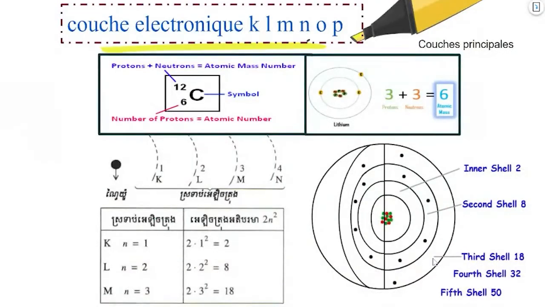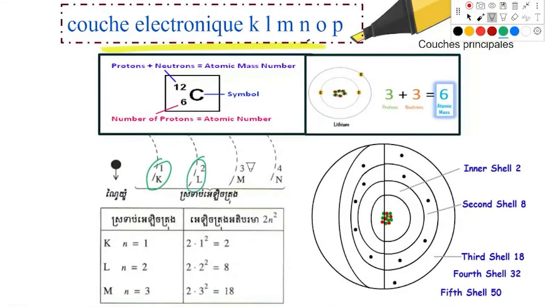Okay. As we know, in our textbook we are going to use K, L, M, and N. K is the first layer, L is the second layer, M is the third layer, and N is the fourth layer, and so on.